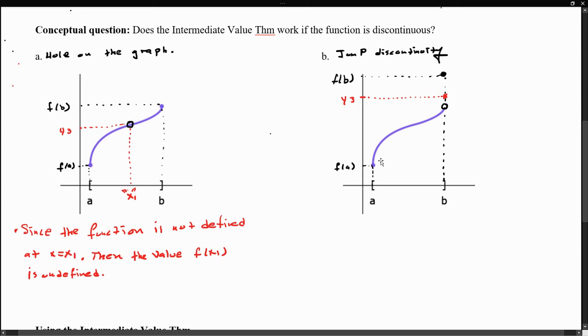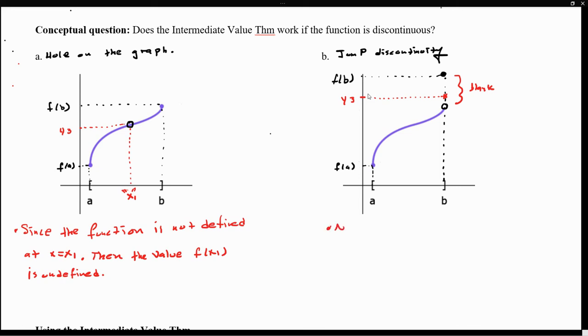But notice that there is no x value between a and b that will give me that y3 out, because there's just simply nothing in this space right here. There is just blank space right there. So y3 is still between f of a and f of b, but there is no x value between a and b that will reproduce y3 as an output.